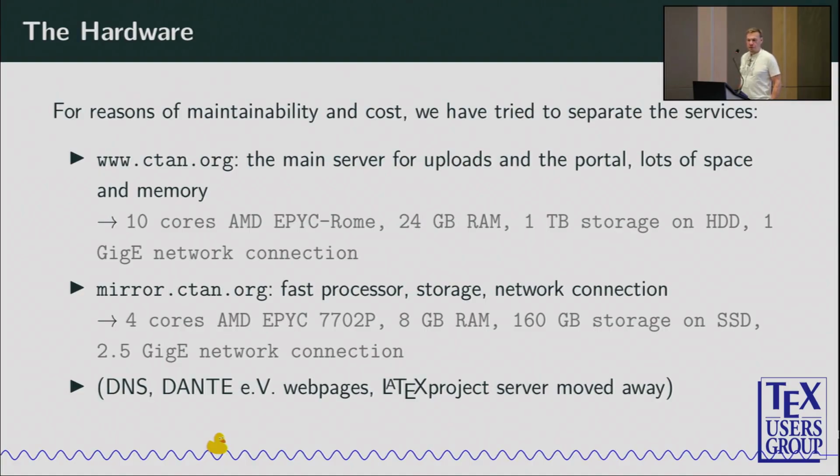And we have the mirror server, or the mirror redirection server, and this server has to be fast. And so it has a fast network connection and fast storage. The original German machine had some more services, in parentheses: name service, web pages, or services from the German TeX user group, LaTeX project, and so on. But that's not the topic of this talk. It's moved away. We now have 2 servers for CTAN.